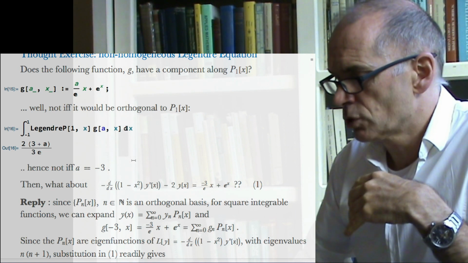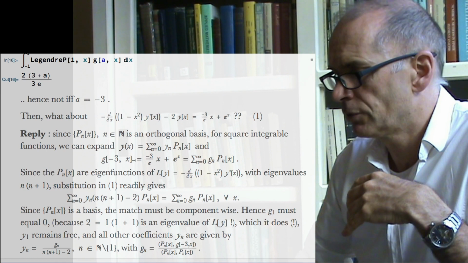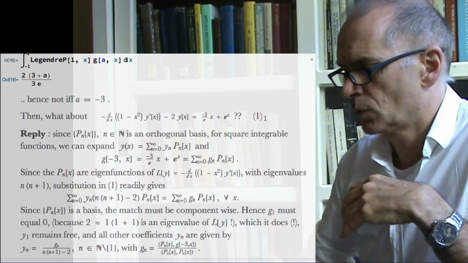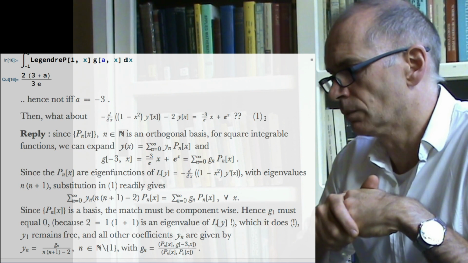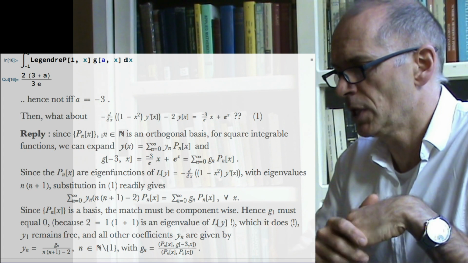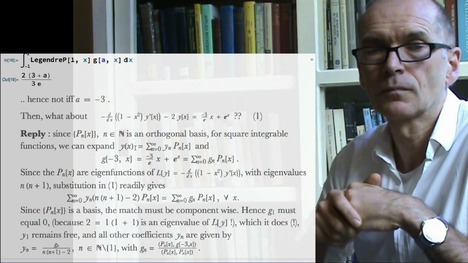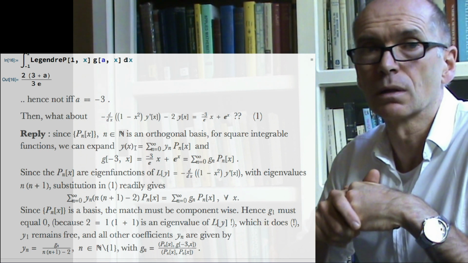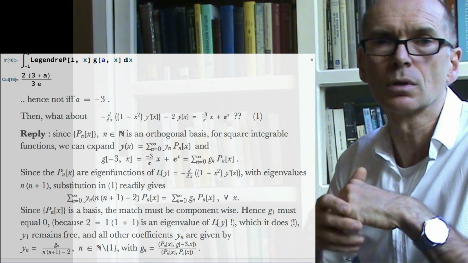And then we use that to see if we can draw some conclusions about that non-homogeneous Legendre equation number 1. And we say, well, to proceed, if we have an orthogonal basis, I can expand, at least formally, my function y of x as a series in Legendre polynomials.